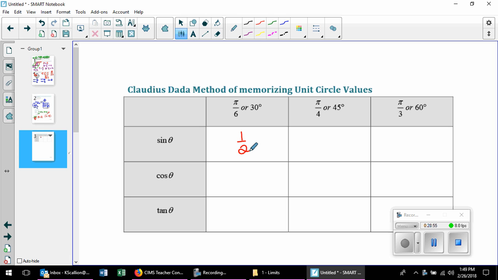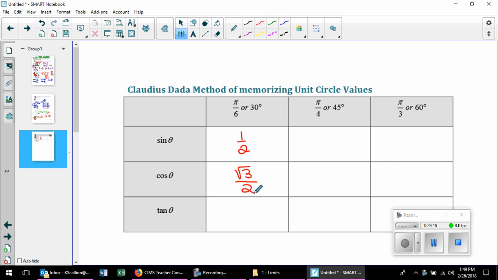When I think to myself, okay, 30 degrees, that is a short y, a short height, a longer x. So we know that cos at this angle would be the other one, root 3 over 2. You only have 2 options.